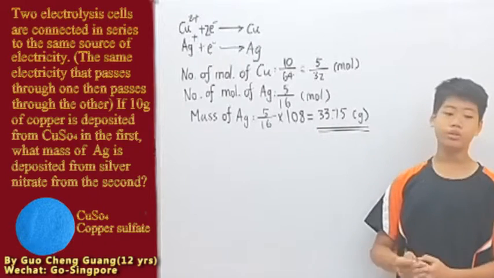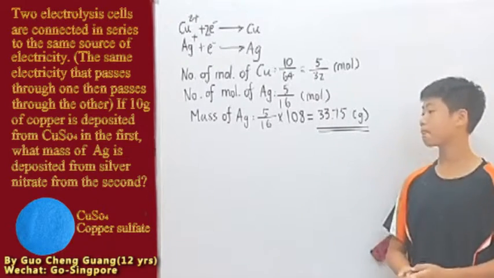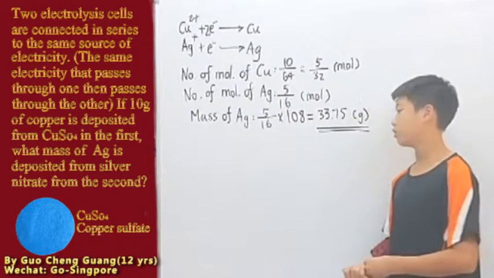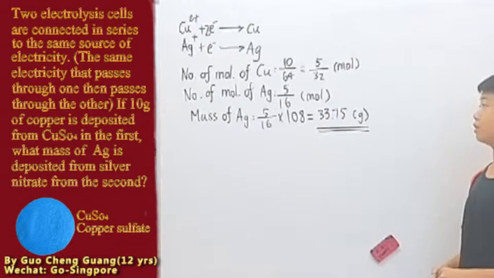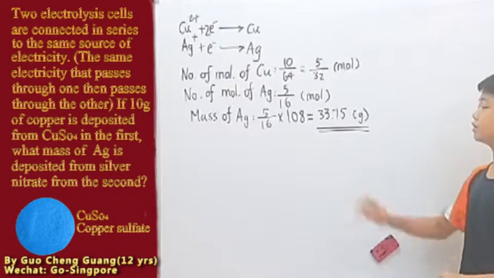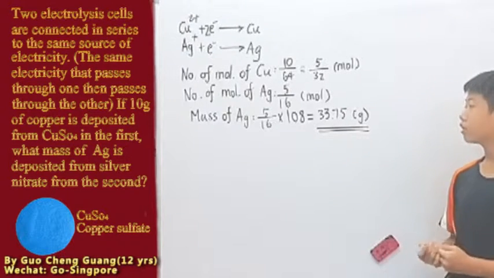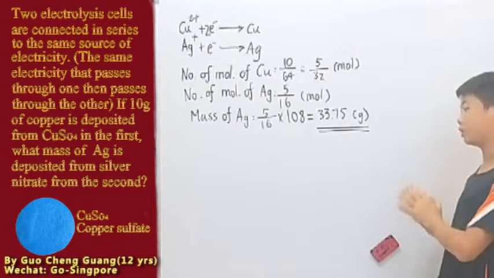So after you separate them, what would they become? Then how many electrons would they need to take? Then you also have to know about these compounds. So in this case, we're just using copper sulfate and silver nitrate. Okay, so that's pretty much what we have for this time here.